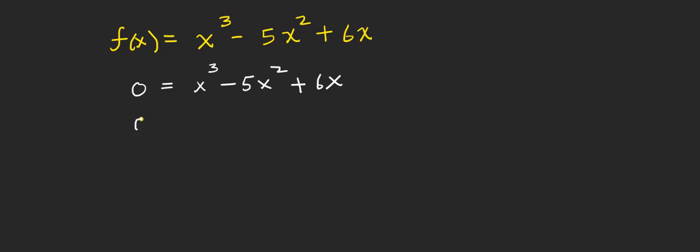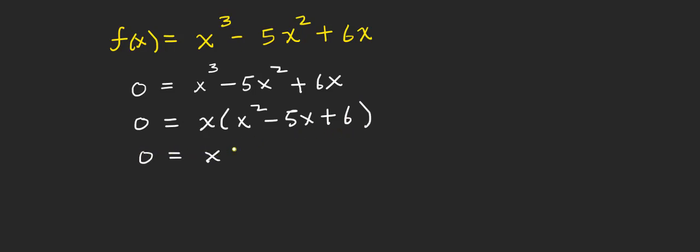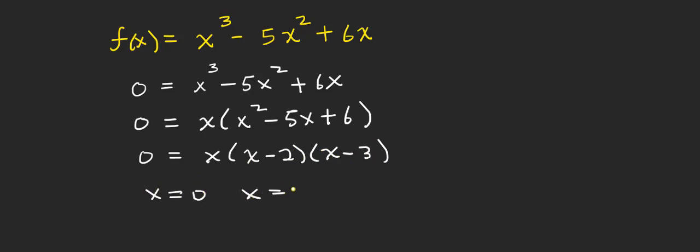The common factor is x, so let's take out x. And then you can factor x squared minus 5x plus 6. So you end up getting x equals 0, or x equals 2, or x equals 3.